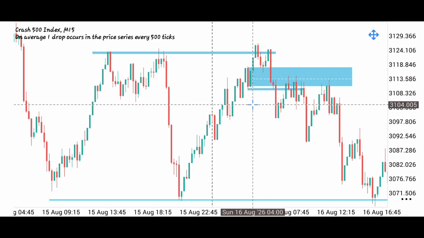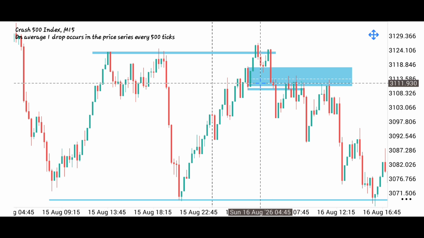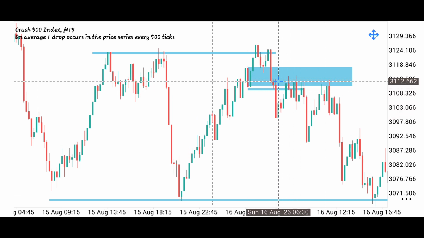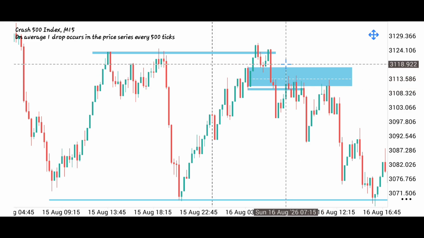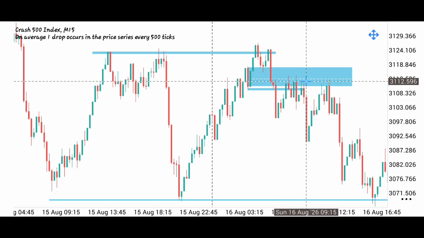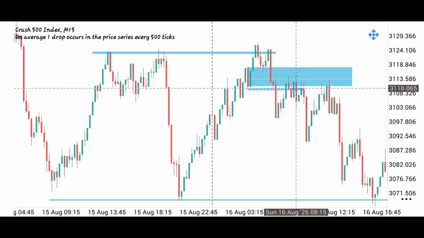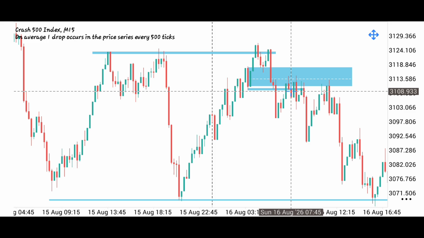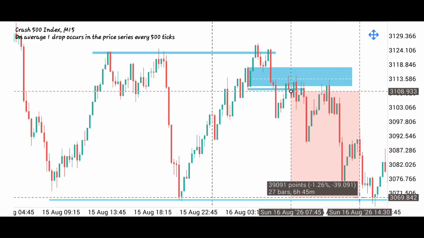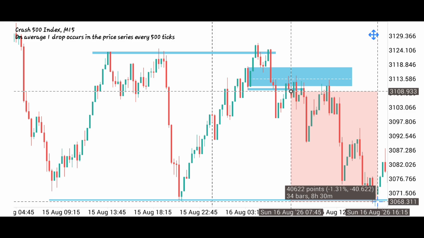Now we can see that we have a market structure shift. So we know that this candle is supposed to hold price and not let it go anywhere above here. So we can place our stop here and our target on the sell side. It took us 8 hours 30 minutes to reach our target.